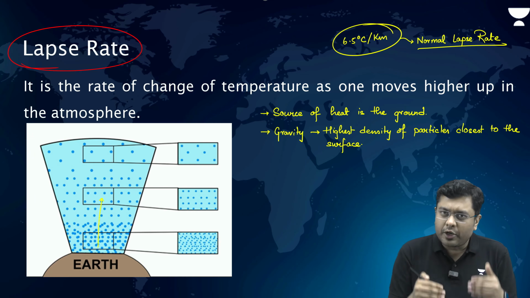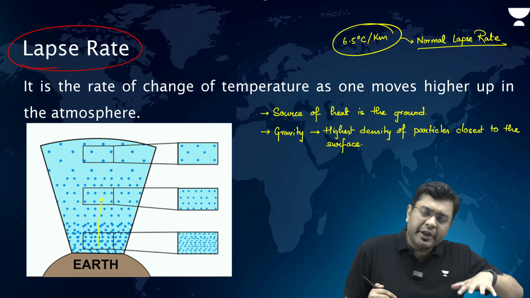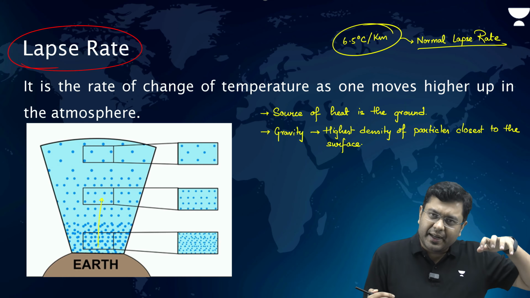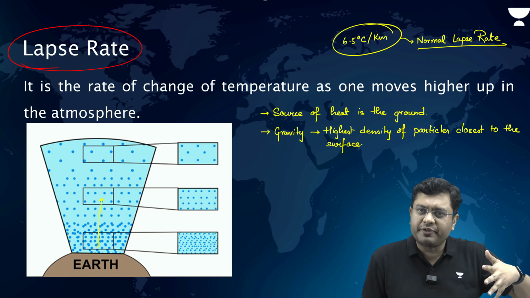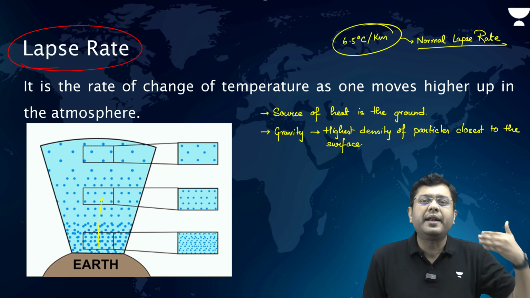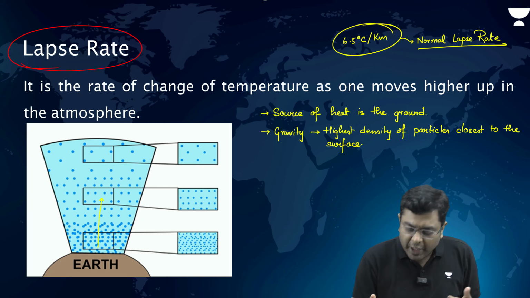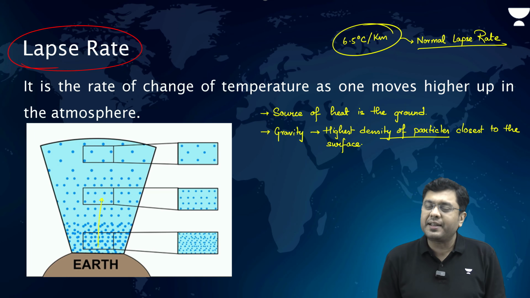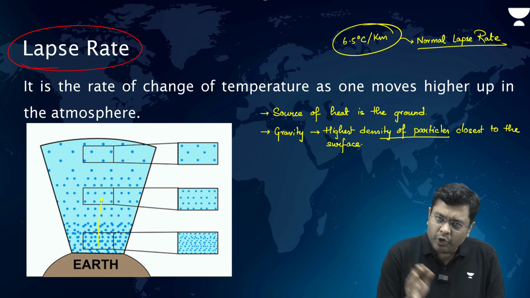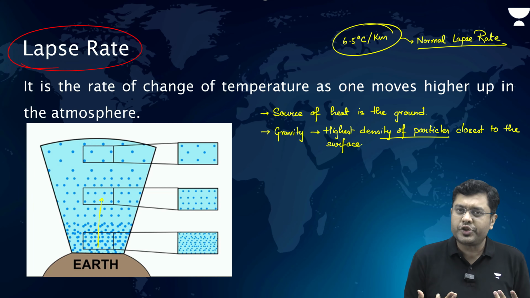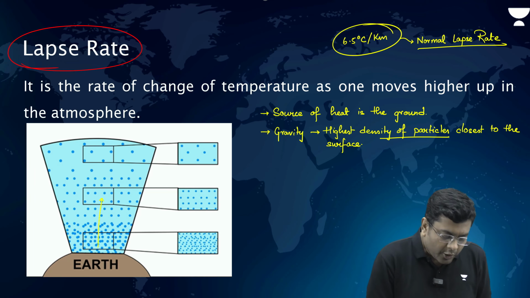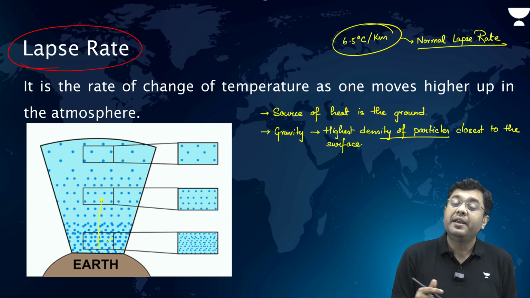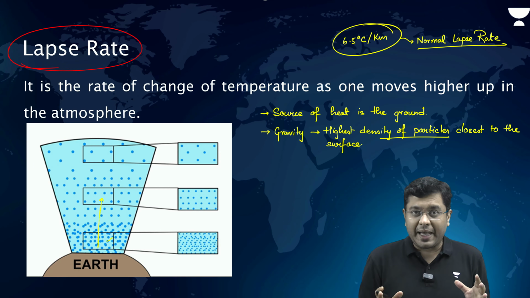So, the natural conclusion is that wherever you have a larger number of air particles, dust particles, water vapor, all of them included, there will be a greater trapping of heat. Because of gravity, the highest density of particles is closest to the surface, including water vapor and gaseous molecules. That means closest to the ground surface, there will be the highest amount of heat trapped.